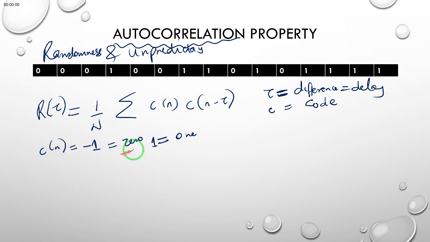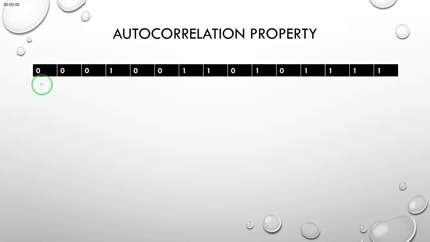We want to use a line code that we are defining, so that whenever we have a zero, we encode it with a pulse of -1, and when we have a 1, we encode it with a positive pulse of value 1. For that reason, we can now generate our code from this sequence as follows. We have seen that anywhere we have a 0, we have a -1.